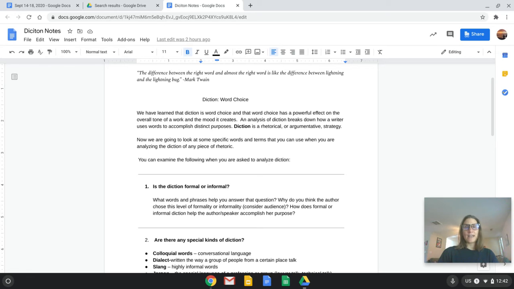So we're always wanting to think, why did these diction choices, or how did these diction choices affect their purpose or help them accomplish their purpose? Because diction is something that helps them accomplish their purpose, we consider it to be a rhetorical strategy. And all that means is an argument strategy, a strategy that an author uses in order to argue.